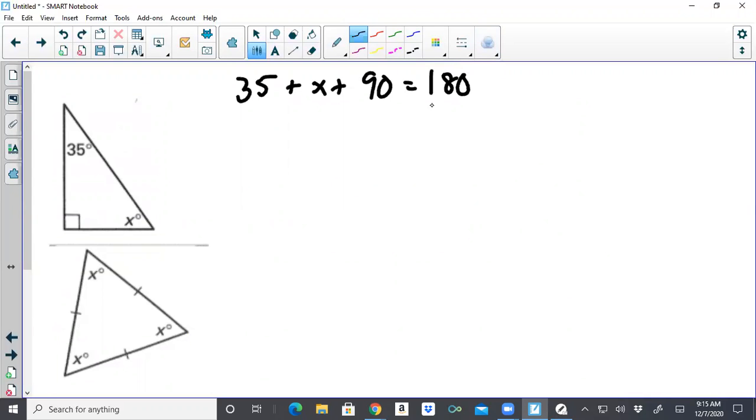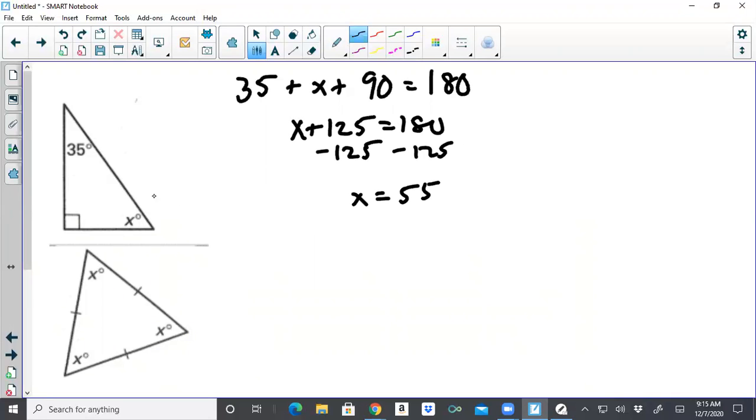All of those are going to add up to 180. And this is exactly like a problem that you would have done 2 days ago. Okay, so 35 plus 90 is 125. So I'm going to do X plus 125 equals 180. I'm going to subtract 125 from both sides. And I'm going to get X equals 55. So that tells me this angle right here is 55 degrees.